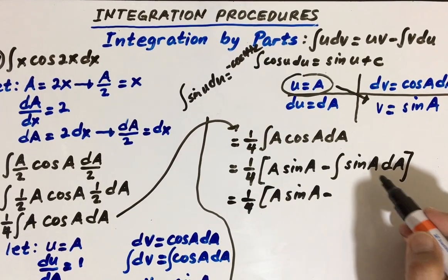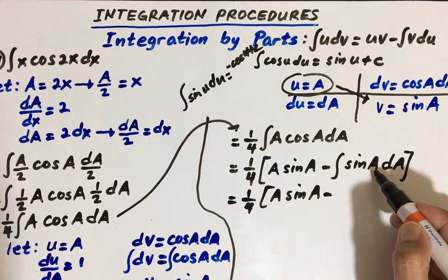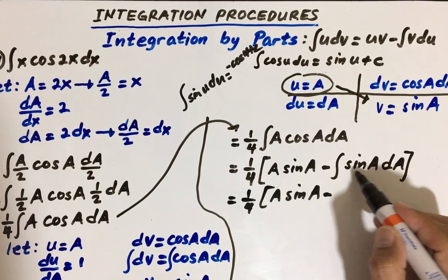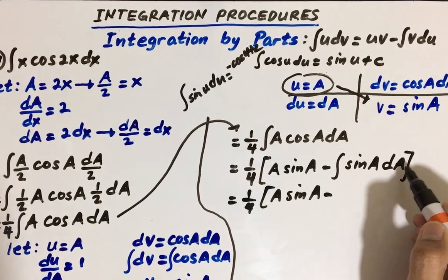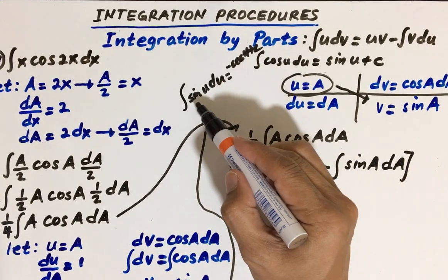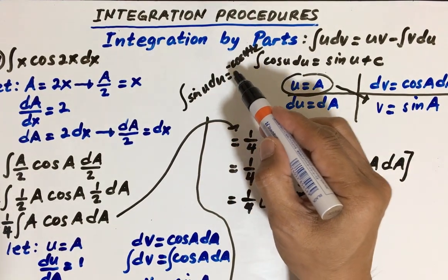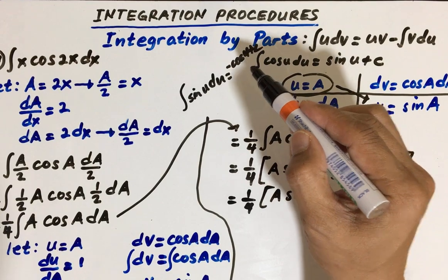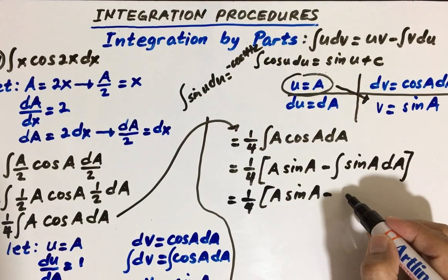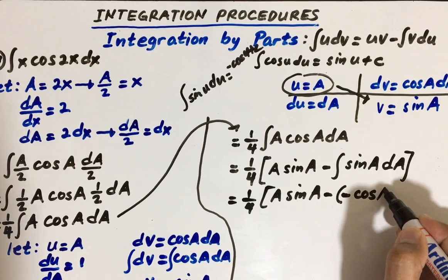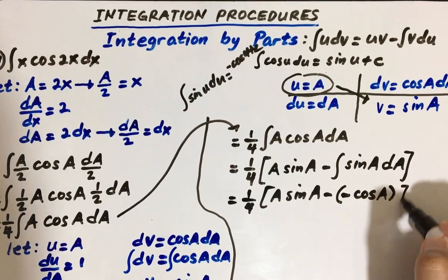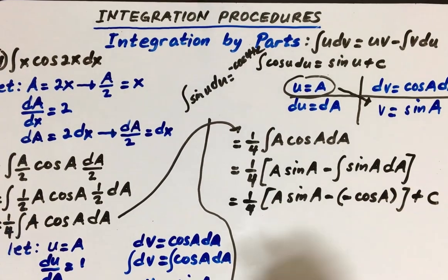Here our u is equal to a, so du is equal to dA. So this is a perfect du, and we can use this formula. The integral of sine u du is equal to minus cosine u plus c, so this is minus cosine a plus c.